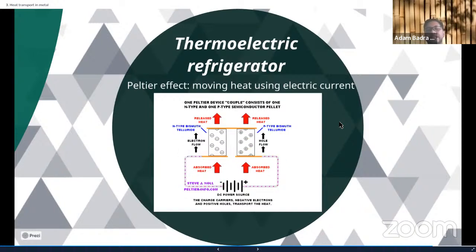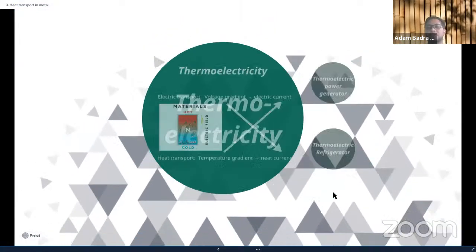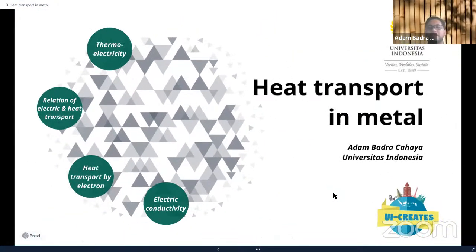In that case, we usually use a Peltier device. With this Peltier device, you can make a hotter area or a colder area by using electric current. This is quite an interesting effect, and it is still studied widely in the scientific community. Okay, so that's all about the transport of the conduction electron.